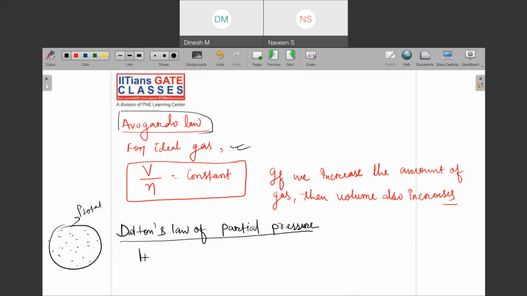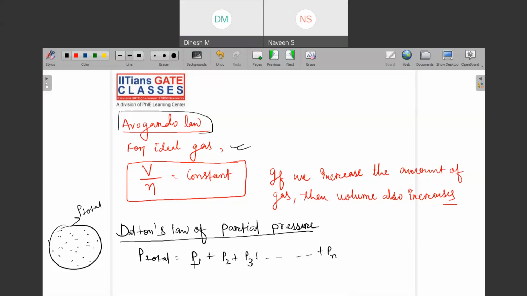It says that total pressure will be equal to the sum of the individual pressures of the gases. So P total will be equal to the sum of P1 plus P2 plus P3, summation till n.